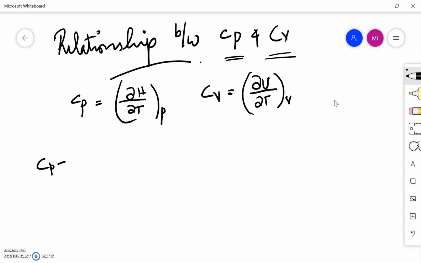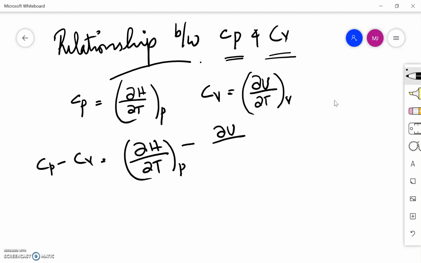So Cp minus Cv would be ∂H/∂T at constant pressure minus ∂U/∂T at constant volume. But we know that H is defined as U plus PV.